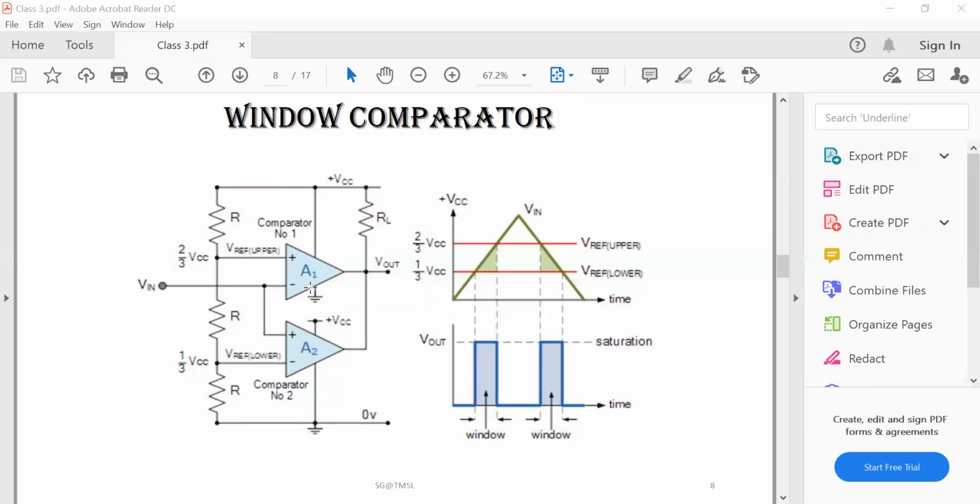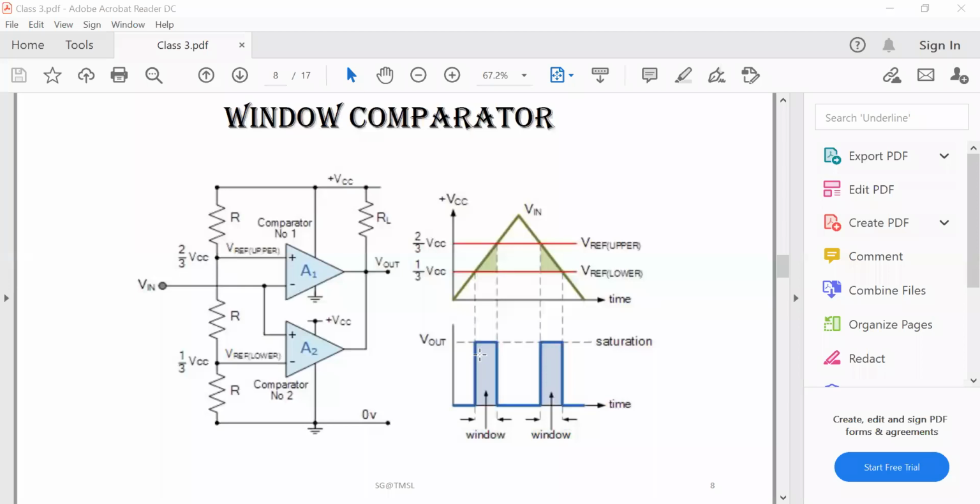The difference between V reference upper and V reference lower, in this case 2/3 VCC and 1/3 VCC, creates the switching window for the positive going pulse.